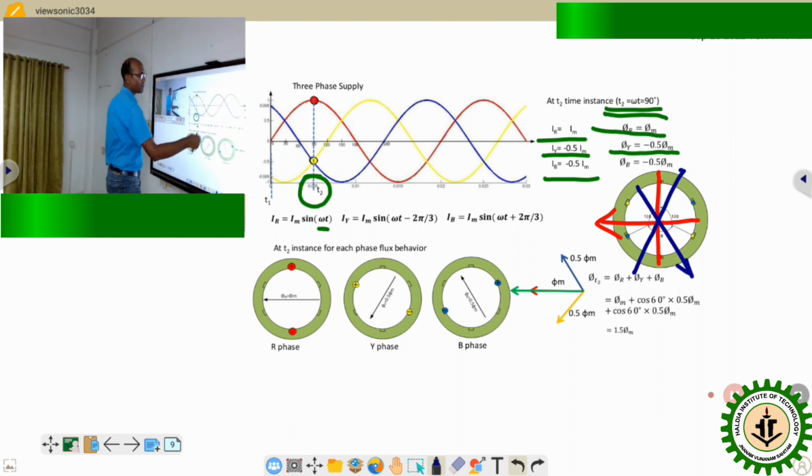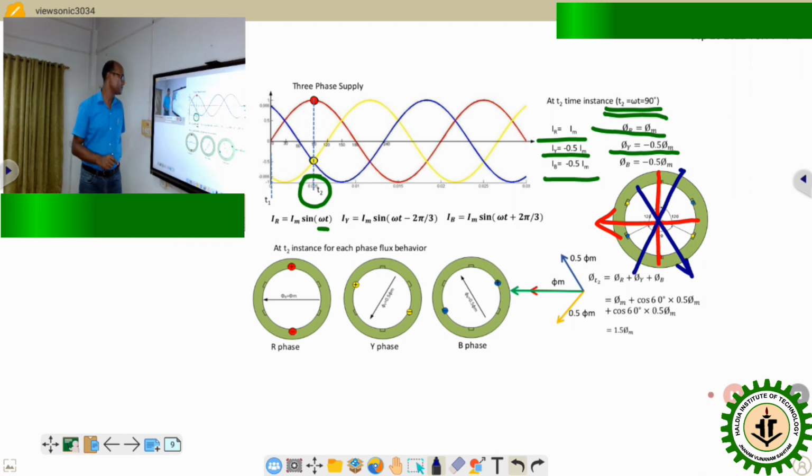Similarly, for the Y phase, because phi m is minus, we take minus here and plus here. Similarly, for the B phase, it is minus, so here it is minus and B dash is plus. The minus and plus signs are considered for choosing the direction of current, and also the nature of the flux, in which way the direction of flux will be. The axis is known to us, but whether the direction is downward or upward, for that we go by the minus or plus sign.